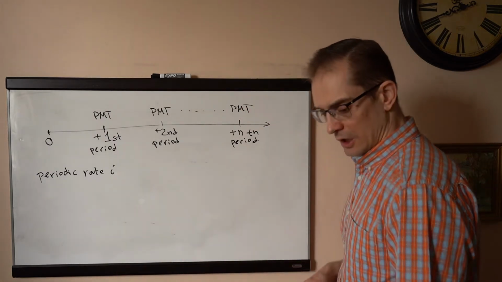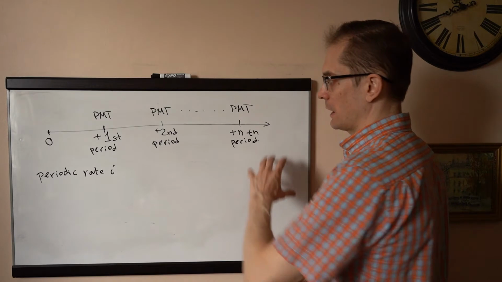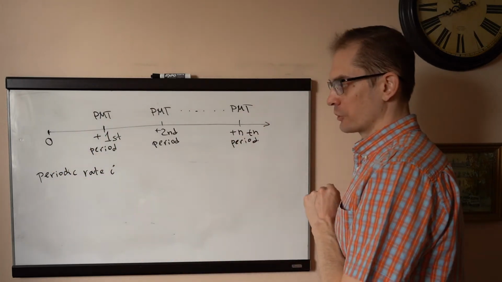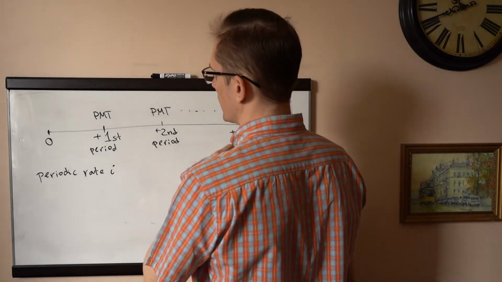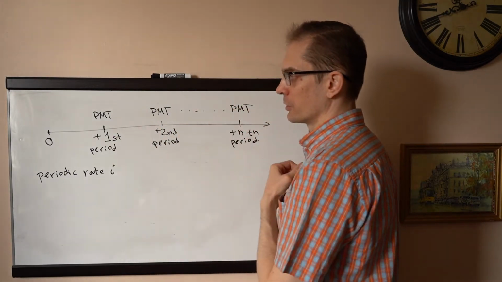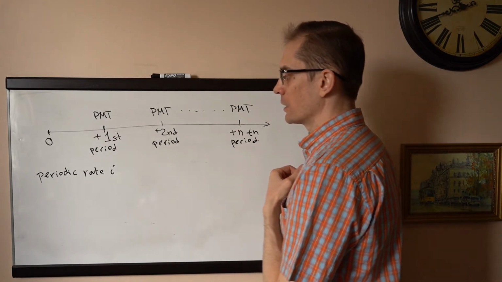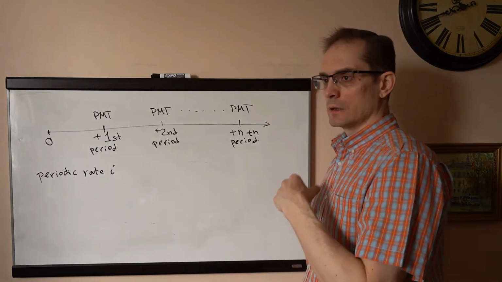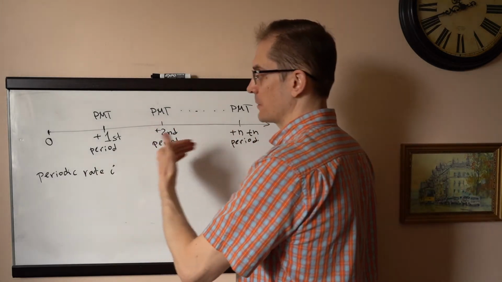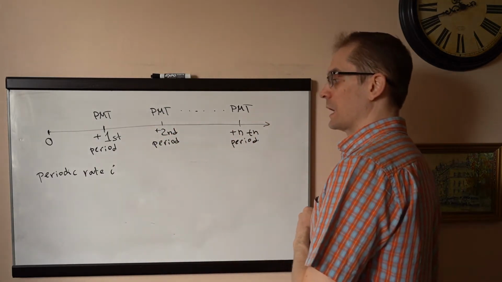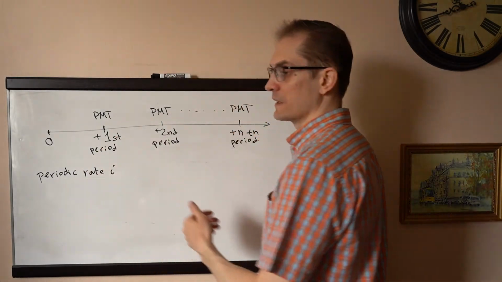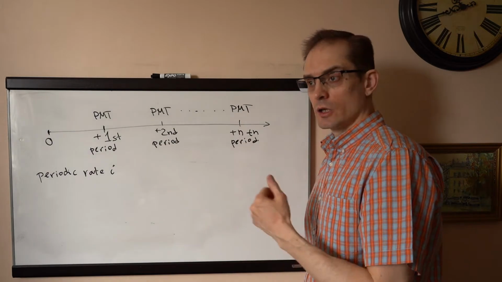Okay, so after you have drawn the structure, you can call the structure an annuity. An annuity is the structure, or we also call it a financial instrument, where the same payments are made or taken over the same intervals of time, and when the periodic rate is the same for each period.